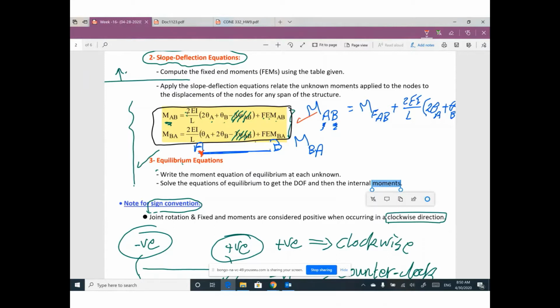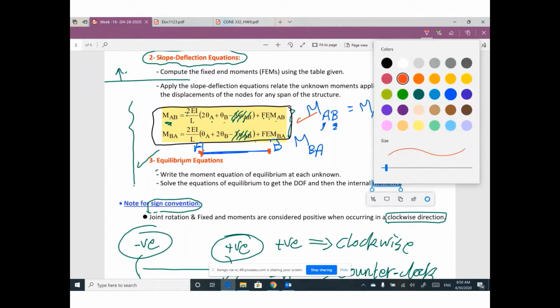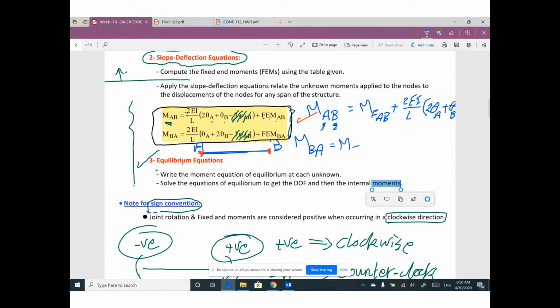If you are looking for the final moment at this side, your final moment at B will be MBA equals M fixed BA plus 2EI divided by L times 2 theta B plus theta A. So it's 2 times theta for the first point plus theta for the second point.